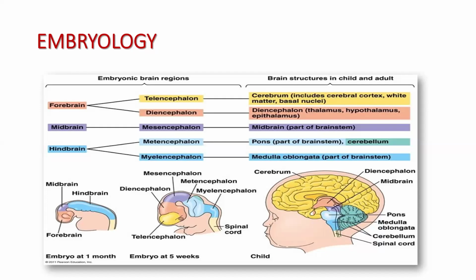Then the hindbrain gives rise to the metencephalon, which subsequently gives rise to the pons and the cerebellum, and then the myelencephalon, which gives rise to the medulla oblongata, and also part of the spinal cord, which is not in today's discussion. So there is a picture of the head showing these respective parts that we have talked about.